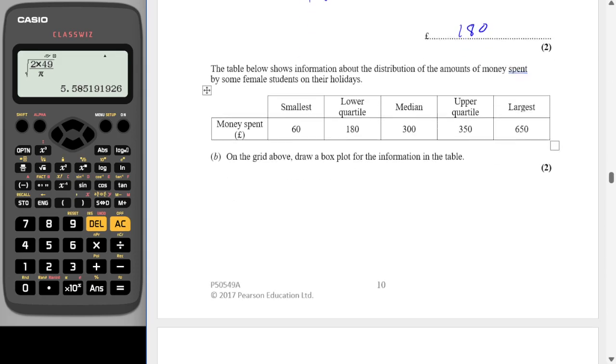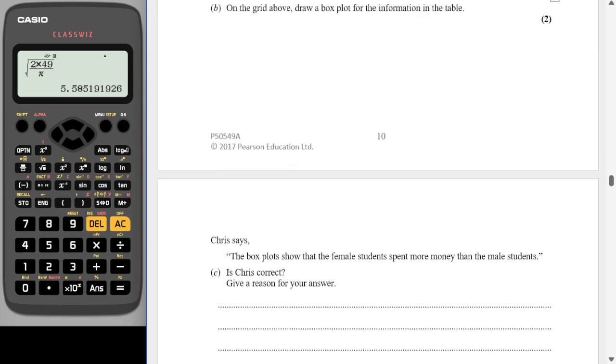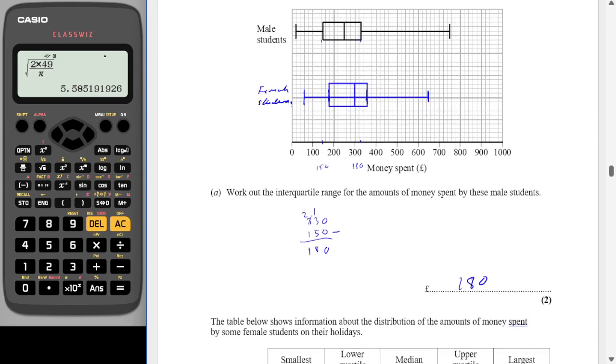And then, have we got a final part? Yeah. So Chris says the box plot shows that female students spend more money than male students. Is Chris correct? I'm going to clarify the statement, but I'm going to agree with it.